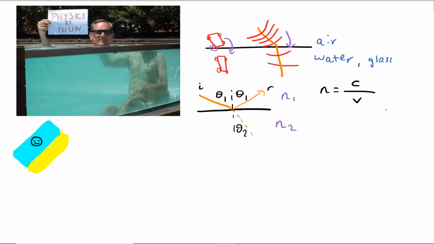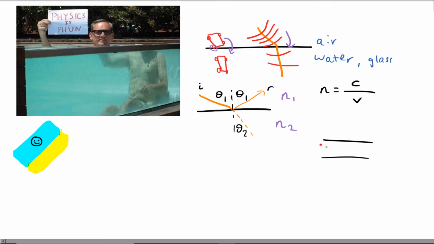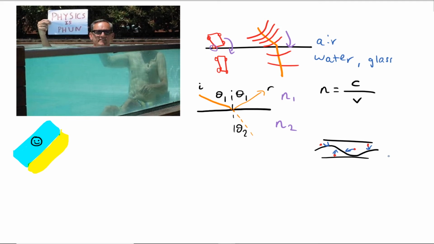It's also a measure of how hard it is for light to get through this material, because say this is a piece of glass, there's going to be some electrons in this material, and so as the light is coming through, it's going to be picking up some electrical interactions from all of these electrons, and they will either slow it down or speed it up, depending on its speed before it came into the glass.